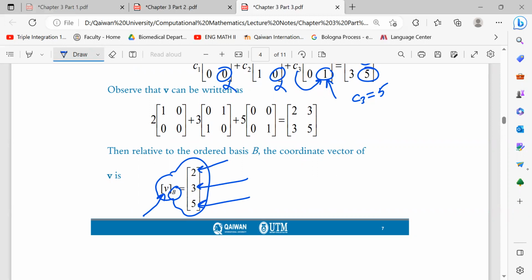So for coordinates, we just need to find the values of C1, C2, C3, up to however many C's you have in the linear combination. Look, everything here depends on reduced row echelon form. After reduced row echelon form, it's important to know what is linear combination, what is linearly dependent and linearly independent.